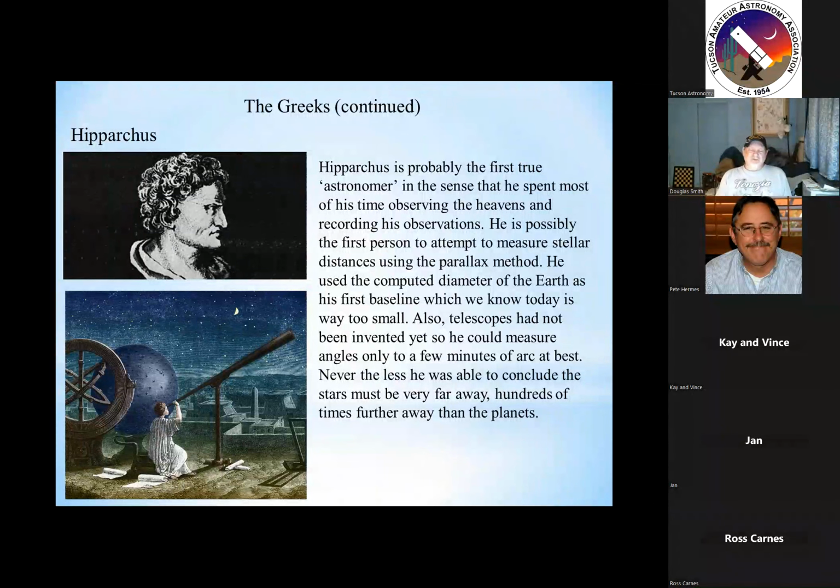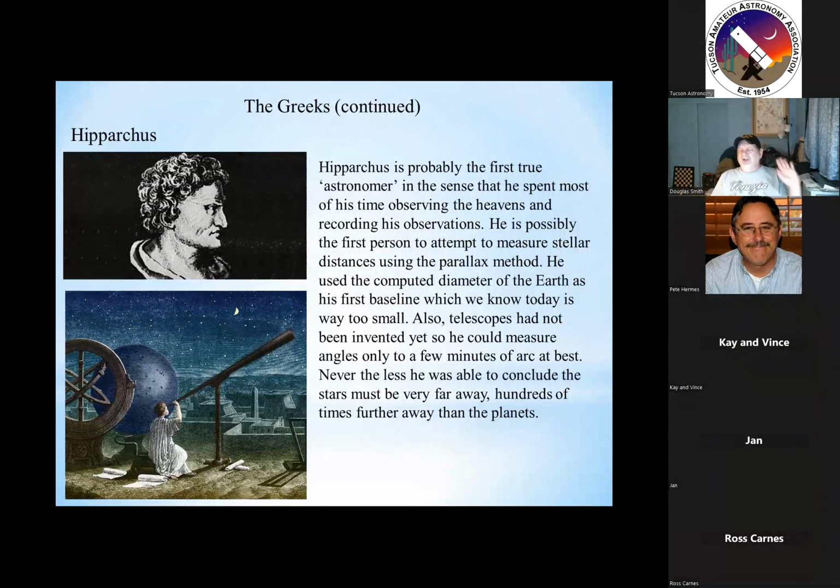But that's too small of a baseline, because we know that in modern parallax measurements, we're using the diameter of the Earth's orbit around the sun. So the diameter of the Earth is only a few thousand miles as compared to 150 million kilometers for the radius of the Earth's orbit. So his baseline was way too small.